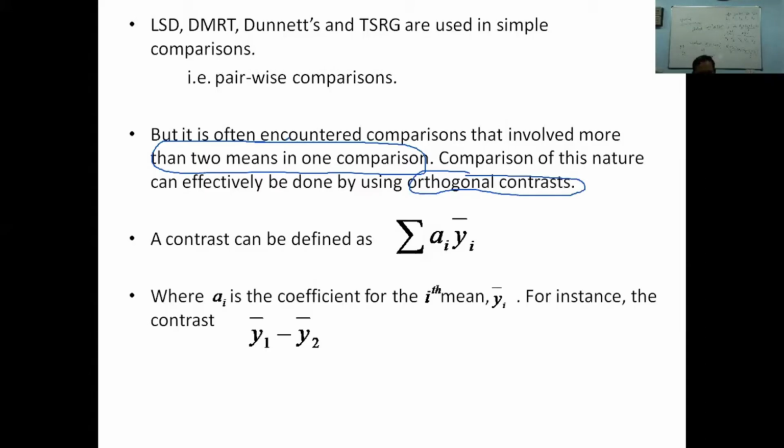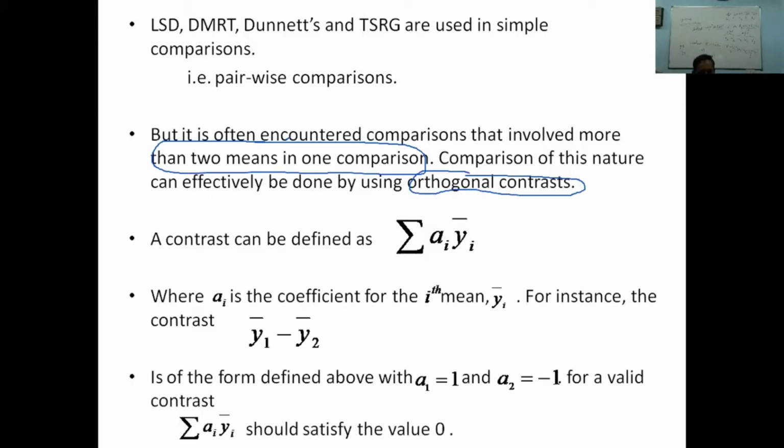For instance, the contrast y1 bar minus y2 bar is of the form defined above, where a1 is the coefficient given for y1 bar. So here the coefficient is 1 because no value is there. So here also there is a coefficient, which is minus 1. The a2 coefficient is minus 1. So addition of these two coefficients should give a value 0. Right?